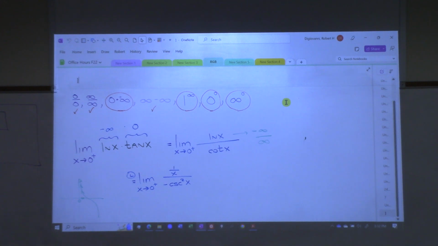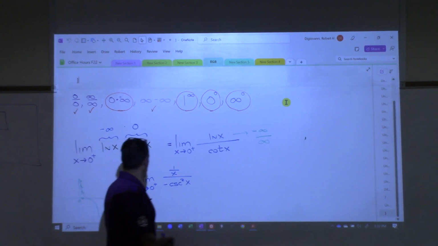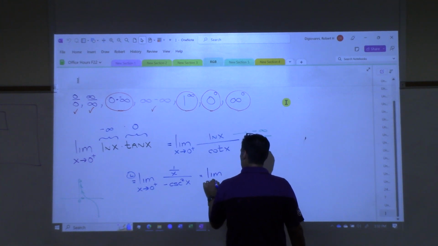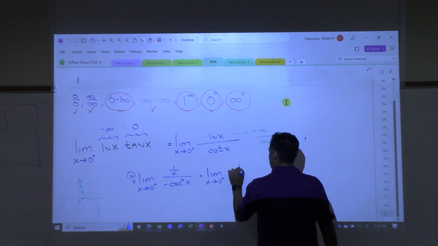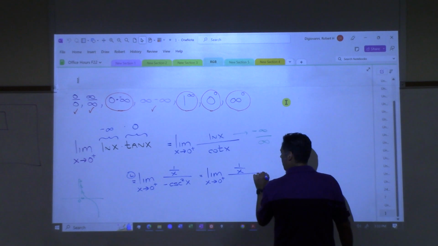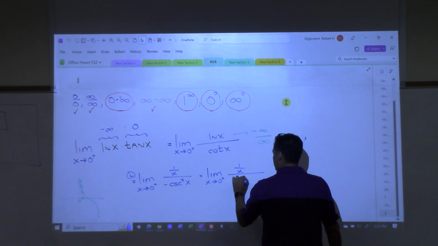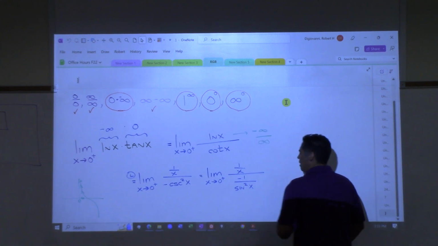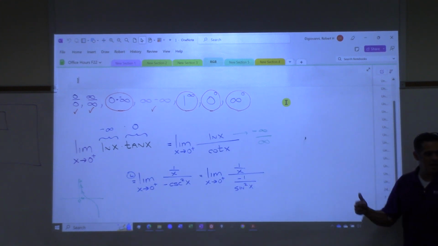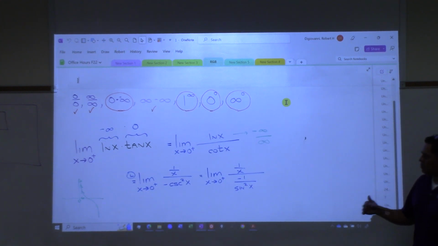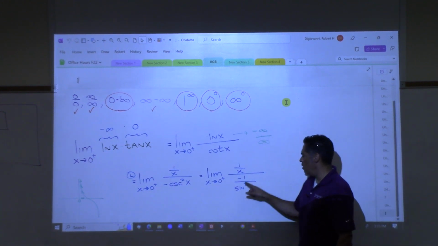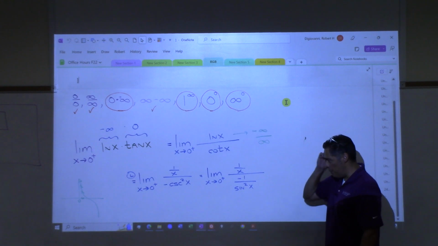I'm going to clean some stuff up here. This is the limit as x approaches 0 from the right. That's the same as negative 1 over sine squared x. Isn't cosecant just 1 over sine? That's what cosecant is, right? So I can replace this with 1 over sine squared and then just bring that negative up on top.